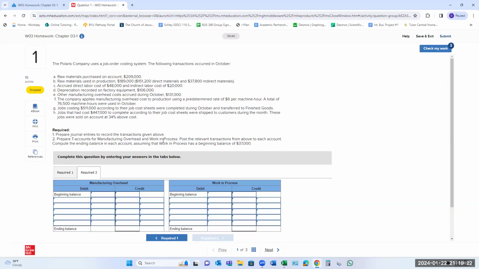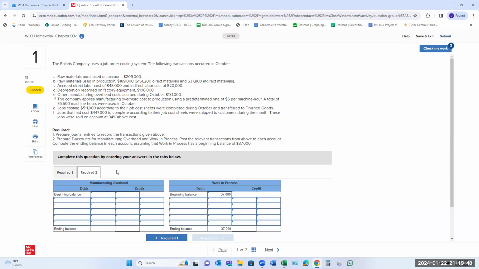It says to prepare T accounts for manufacturing overhead and work in process. Post the relevant transactions from above to each account. Compute the ending balance in each account, assuming that work in process has a beginning balance of 37,000. So right now, before I forget, I'm going to put 37,000 as the beginning balance in work in process.